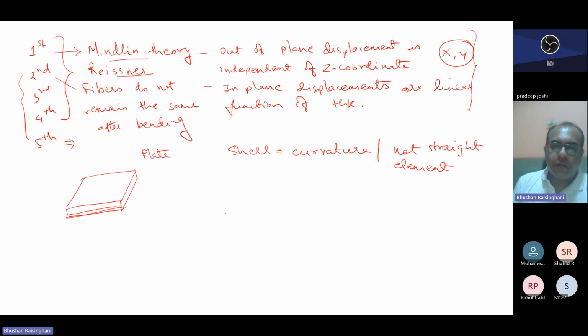So how is FEA able to use this, because if I am modeling any large curvature element, then we are taking very small micro elements like this, dividing the structure into finite elements.